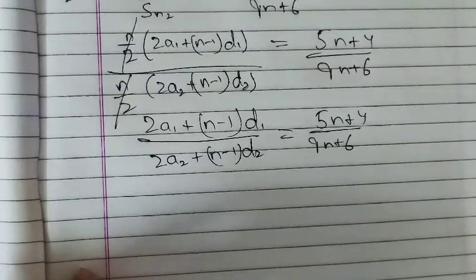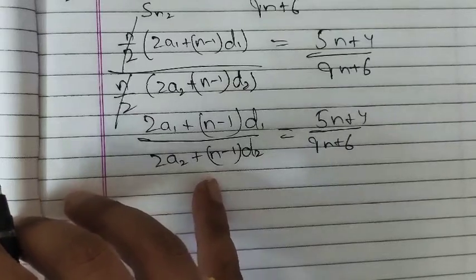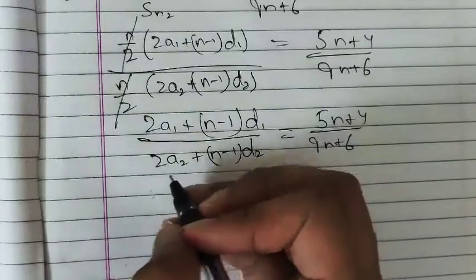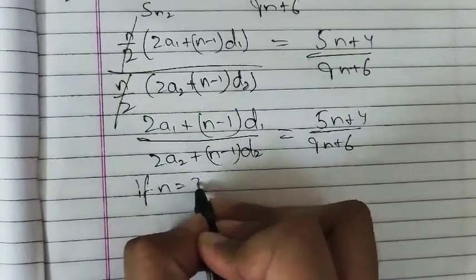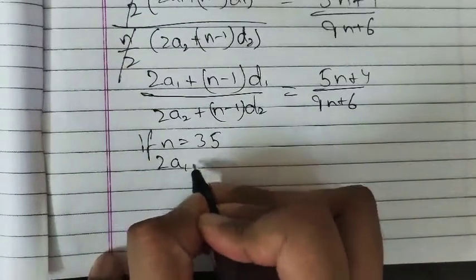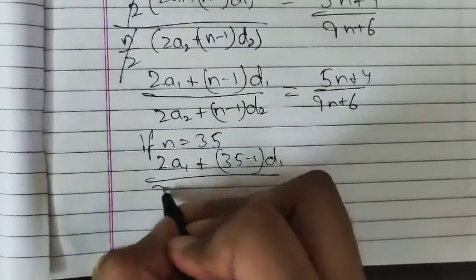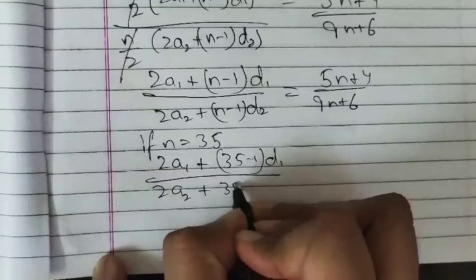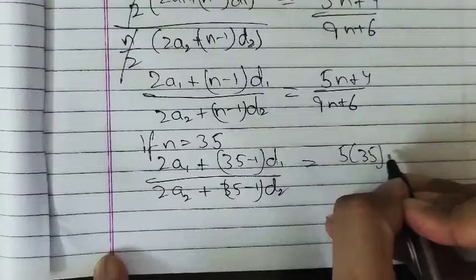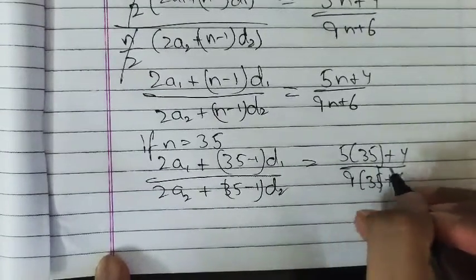So in order to create 18th term, we want n value to be equal to 18, right? So if n is 35, just put n is equal to 35. 2a1 plus 35 minus 1 d1 upon 2a2 plus 35 minus 1 d2 is equal to 5 bracket 35 plus 4 upon 9 bracket 35 plus 6, right?